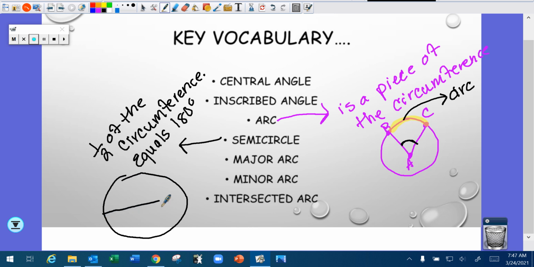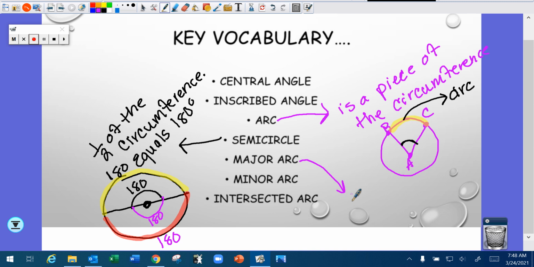If I have a diameter, and a diameter passes through the center of the circle, then the red arc is called a semicircle. So if the central angle is 180 degrees, the measure of the arc is also 180 degrees. A semicircle equals 180 degrees.